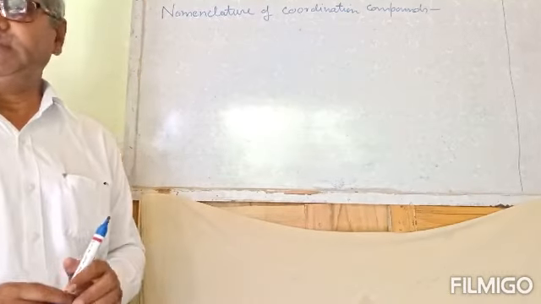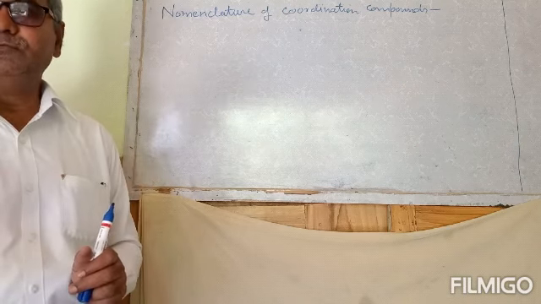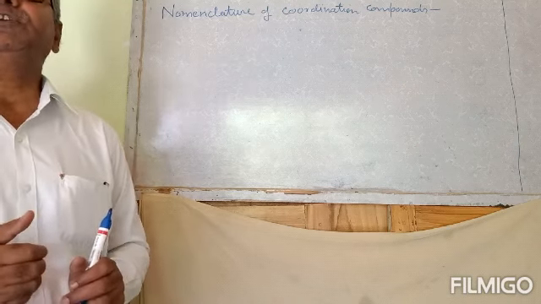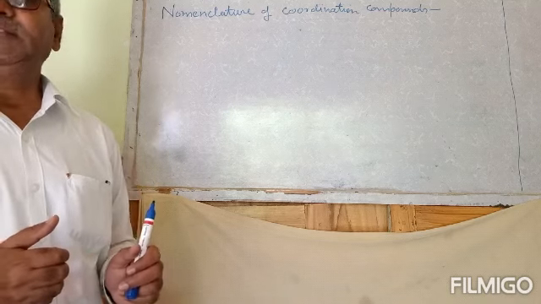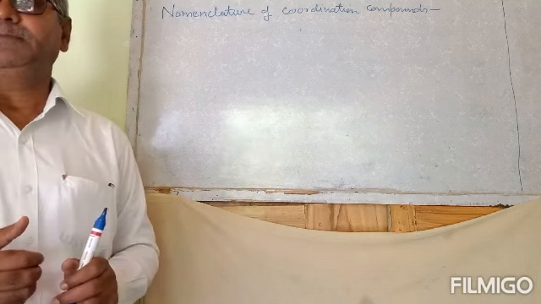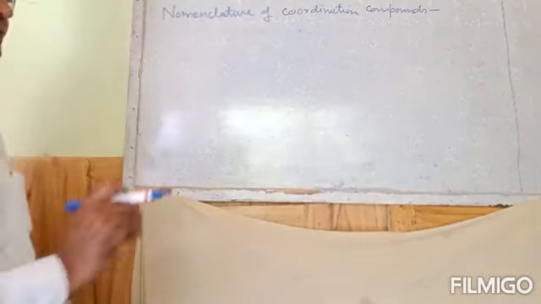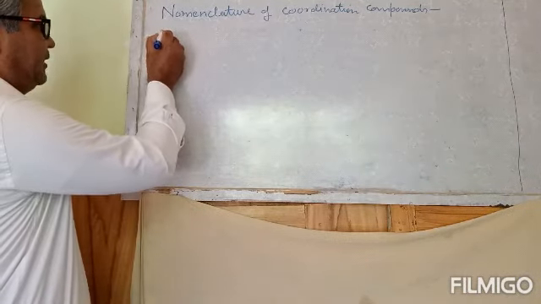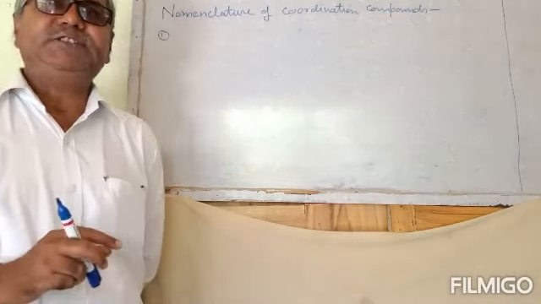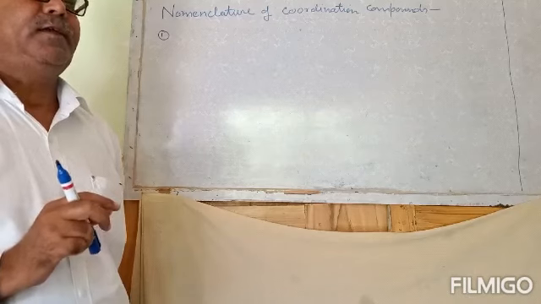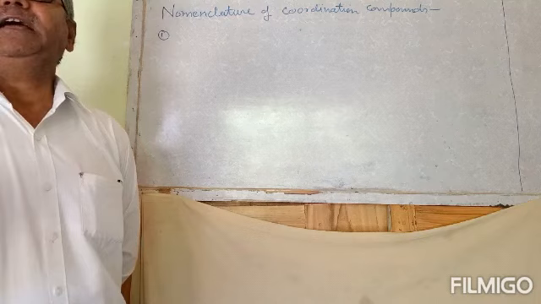So first I will tell you the points regarding how to name according to the rule of IUPAC system, and then we will take some examples. So let us start. The first point regarding the naming of coordination compounds is: cationic part is named first, followed by anionic part.